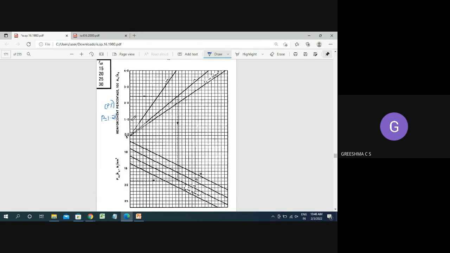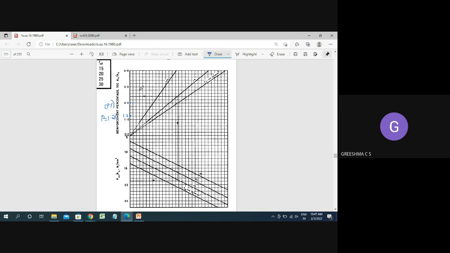First of all, see this: this is 1 and this is 2. Each division is 0.2, so this will be 1.2, 1.4, 1.6, 1.8, then 2. So this is 1.2.